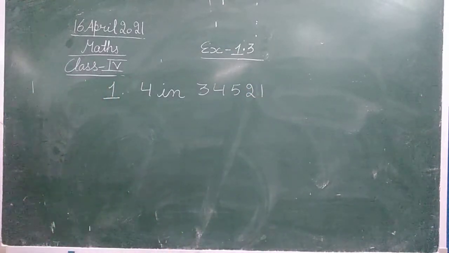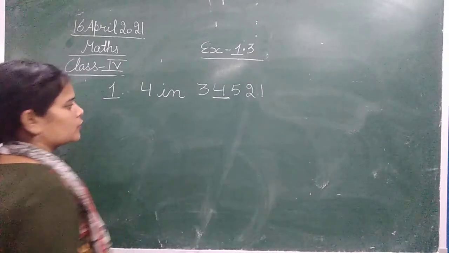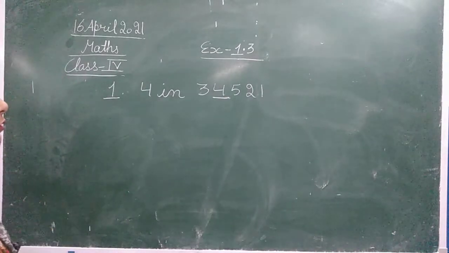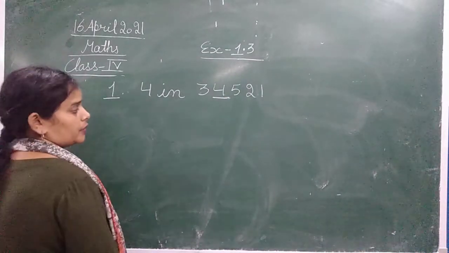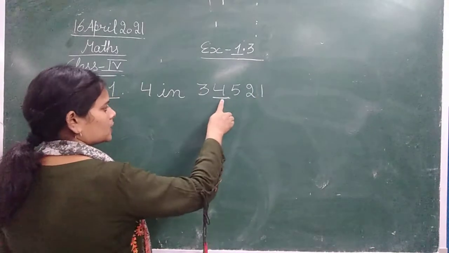So we need to write the place value of 4 in 34,521. The place value of 4: 1, 10, 100, 1000.